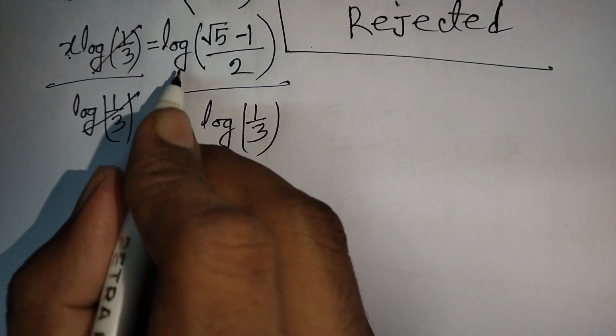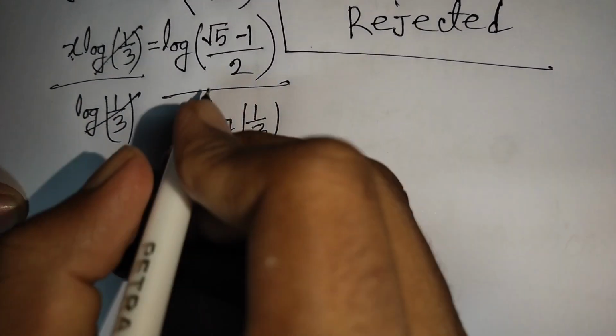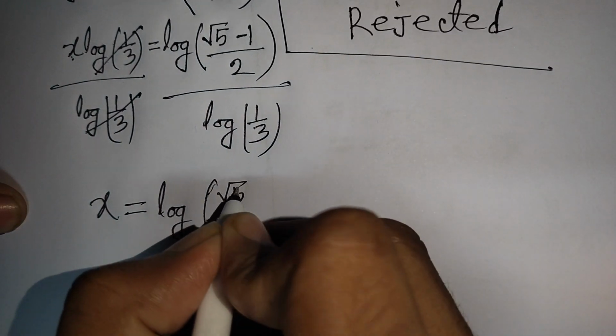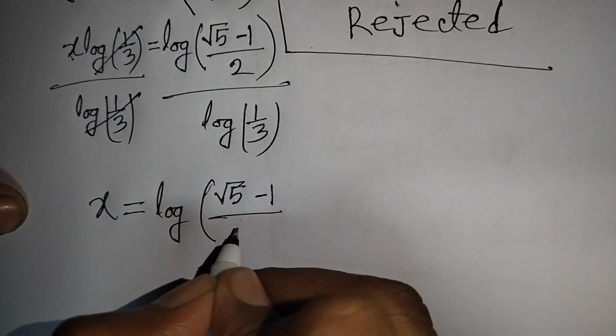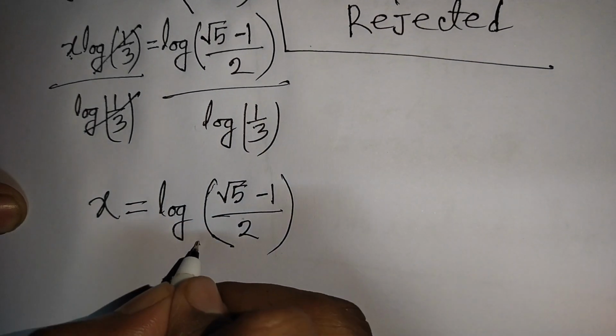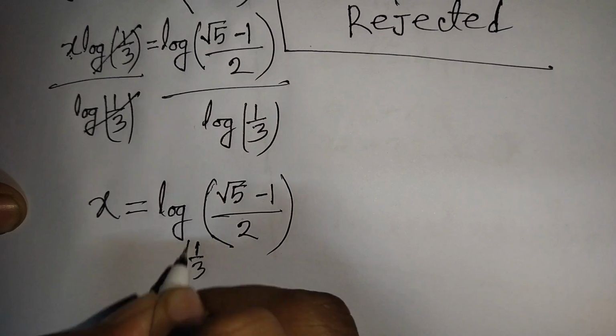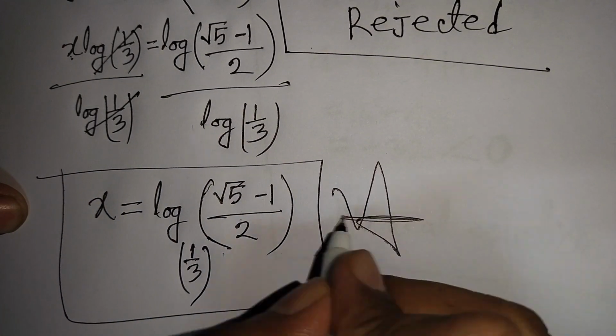That means x is equal to log of (square root of 5 minus 1) over 2, with base 1 by 3. So this is the value of x. So this is our final answer.